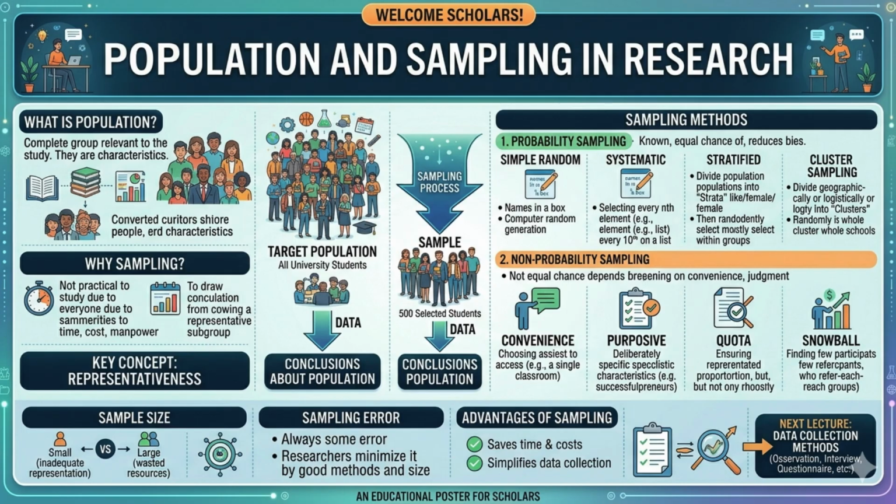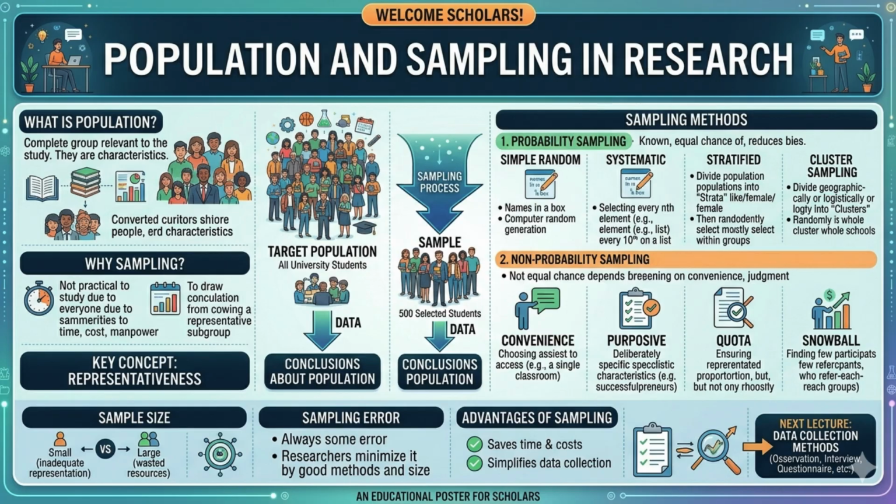The purpose of selecting a sample is to gather information that can be used to make conclusions about the entire population. For instance, suppose a university has 10,000 students and a researcher wants to study their attitude toward online learning. Instead of surveying all 10,000 students, the researcher may select 500 students as a sample.